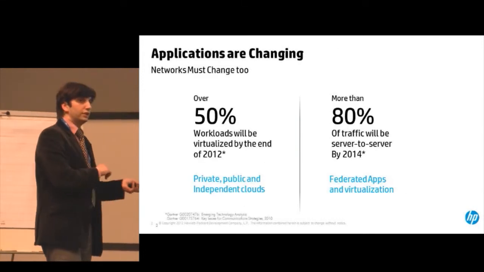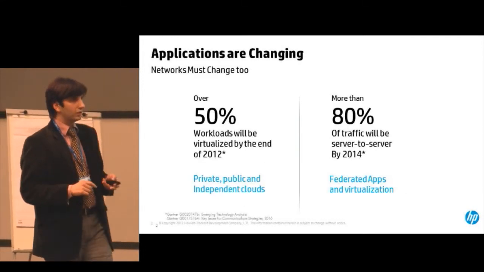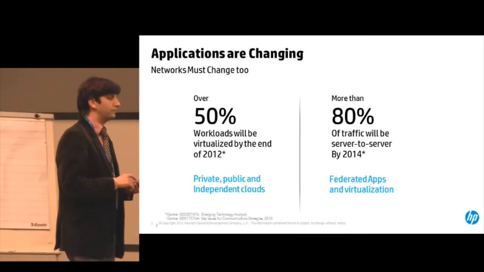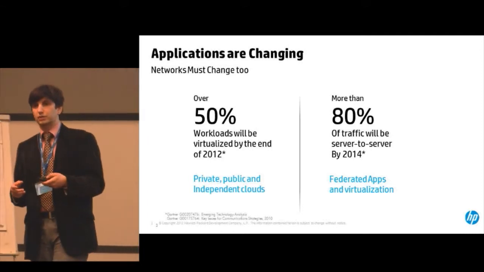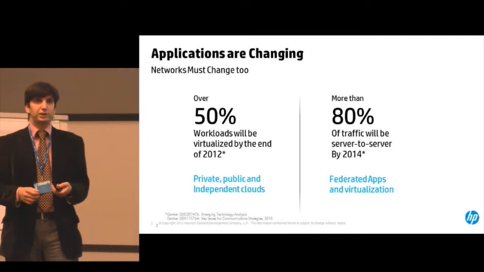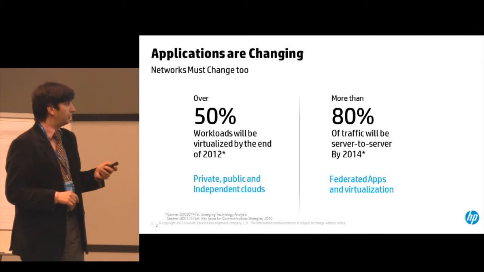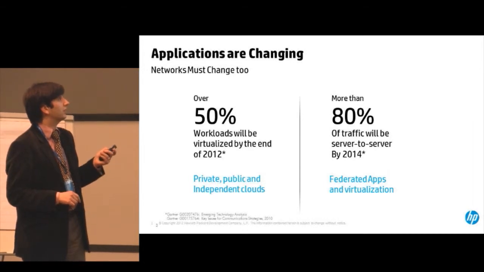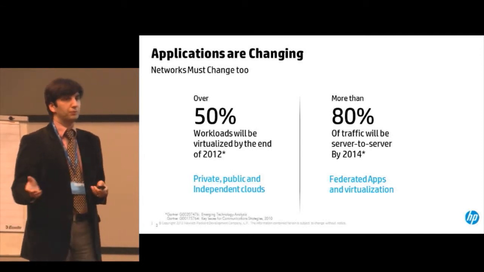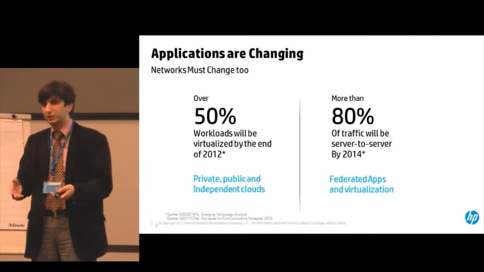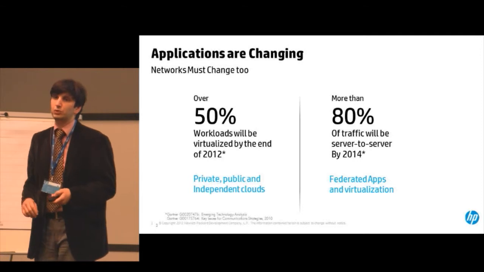So these challenges also come from the fact that the changes are quite dramatic. And probably this figure up here, because it is from Gartner, says that by the end of 2012, which is basically this year, half of the workloads will be virtualized.